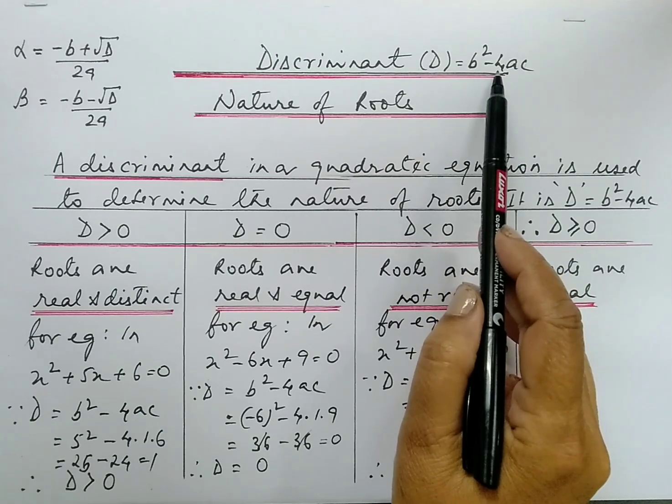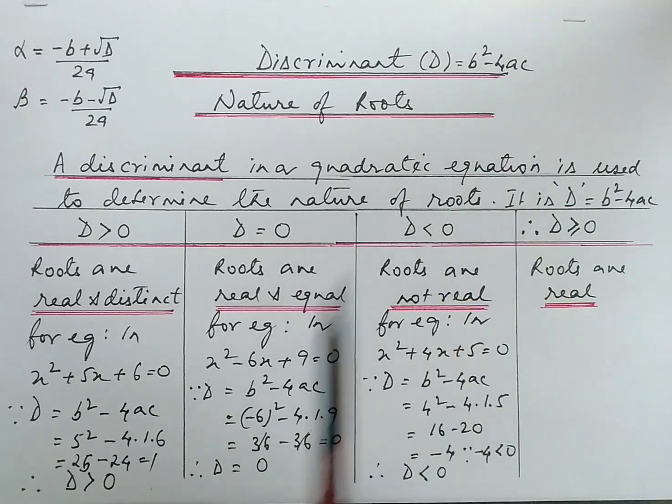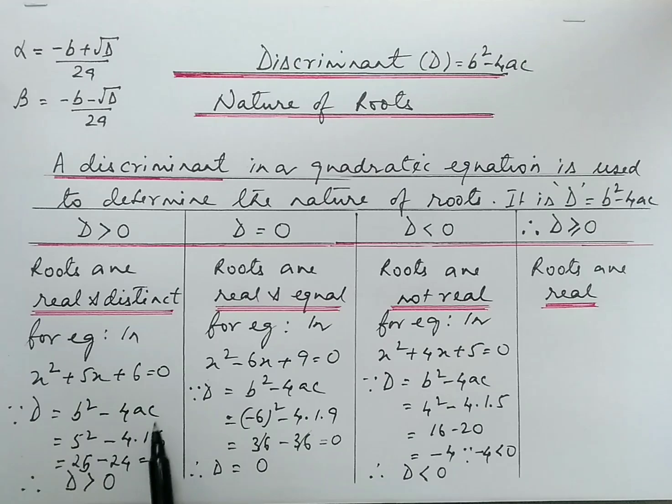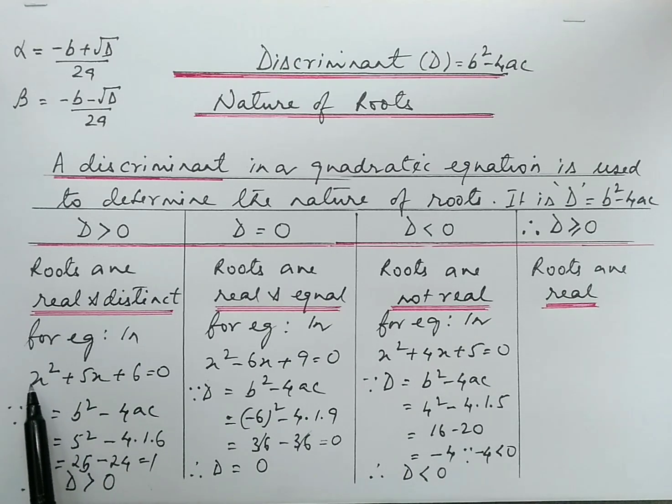It hasn't come from anywhere, this is the formula. A is 1. Whenever they don't show any coefficient, it means that it is equal to 1. So we have 1 as a and for c we have 6.